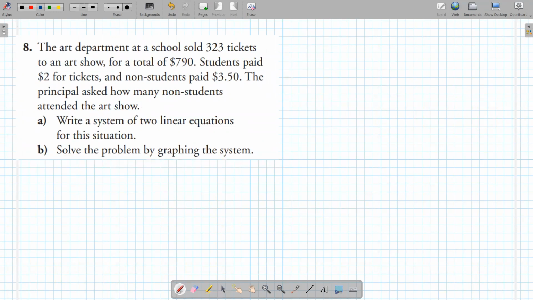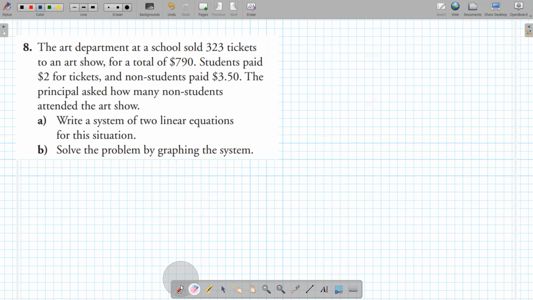Write a system of two linear equations for this situation. Again, it's important here what's x and y. What's x and what's y in this case? The amount of students and non-students. Yeah, x is students, y is non-students, right?